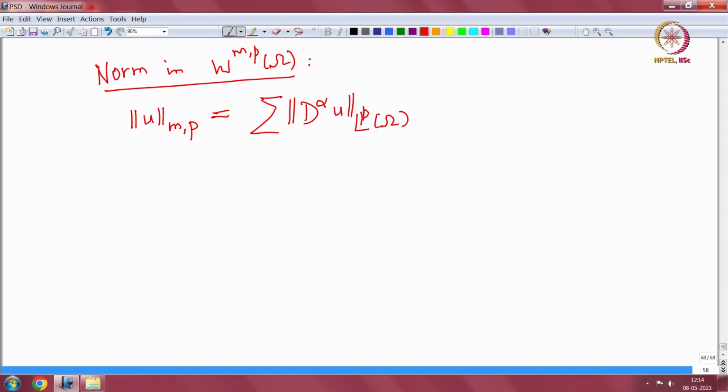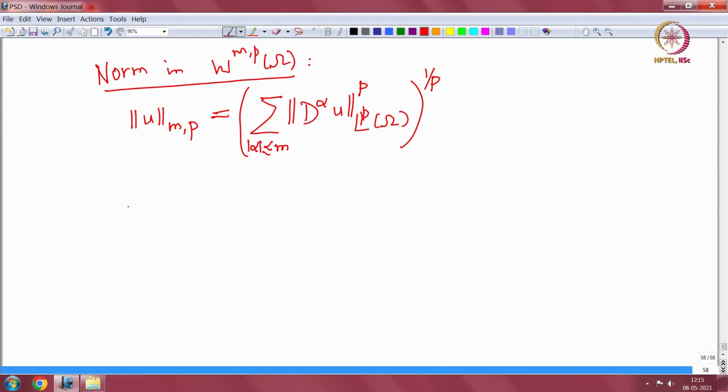So, take the power p and you take the sum over all multi indices up to order m. These are necessary to make the triangle inequality work. Of course, you can also give several equivalent norms. That's not a problem.